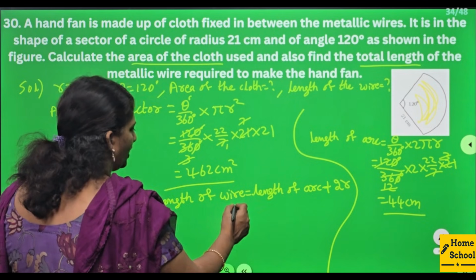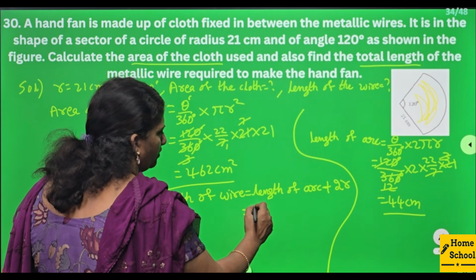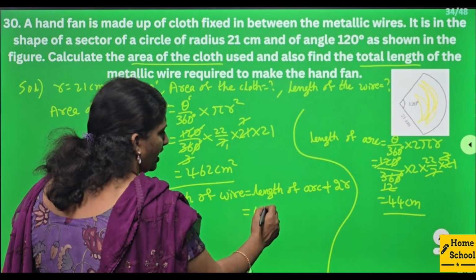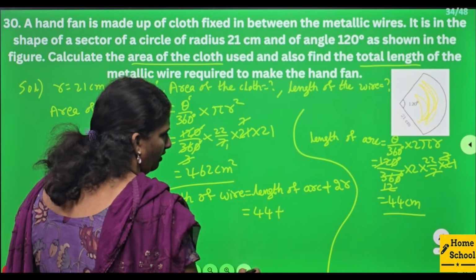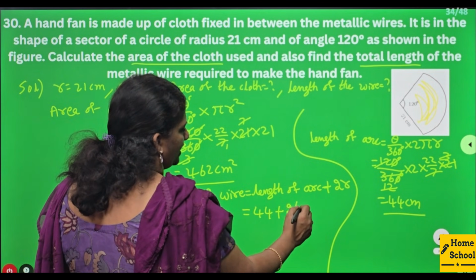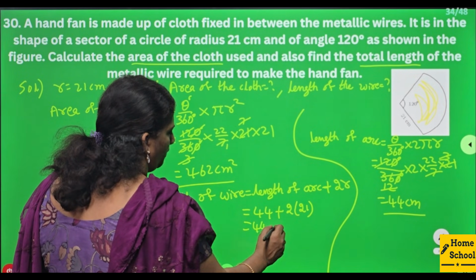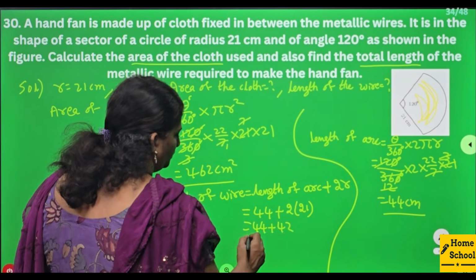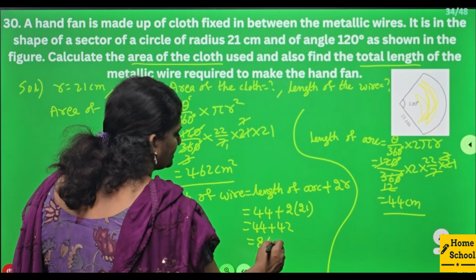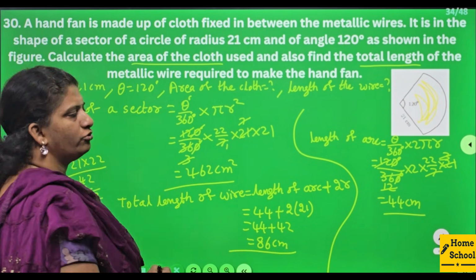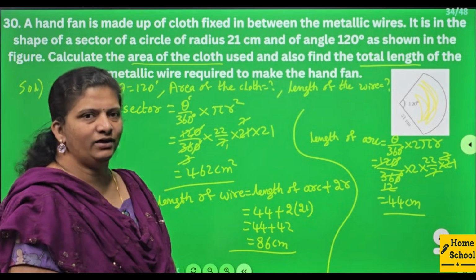Therefore, what is the total length of the wire? We know length of the arc is 44 centimeter plus 2 times radius, 2 into 21, that is 44 plus 42. 86 centimeters is the total length of the metallic wire.